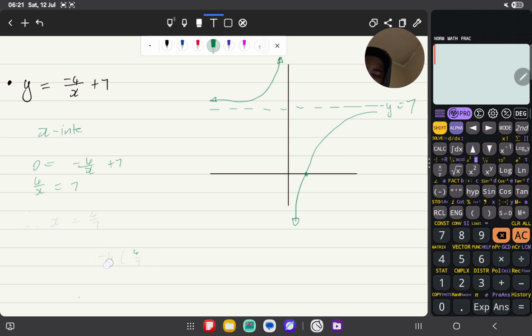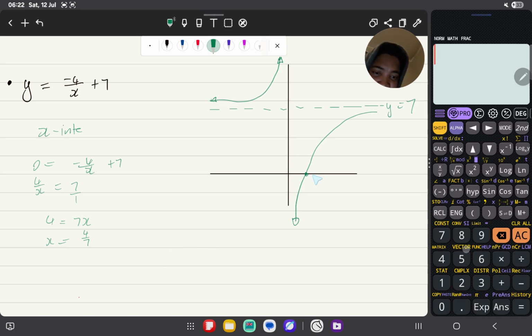Okay, let me try to do this step by step. Over 1, we cross multiply, and then I have 4, I have 7x, x equals 4 over 7. Okay. Oh, I see. This divided by 4 over 7, it's gonna be minus 4 multiplied by 7 over 4, which I have minus 7 plus 7, which is 0, which is here. Exactly. Cool.